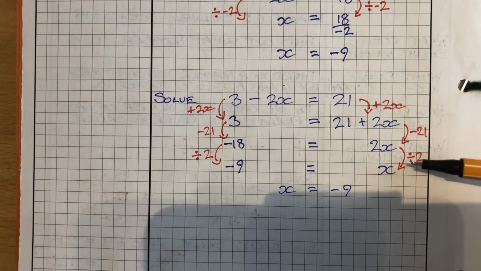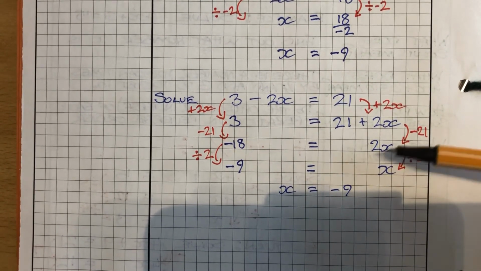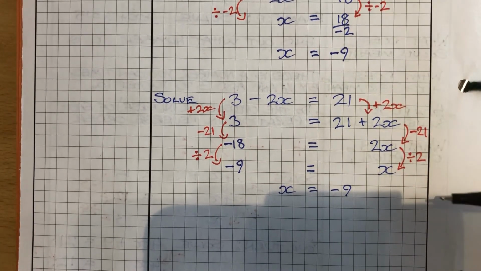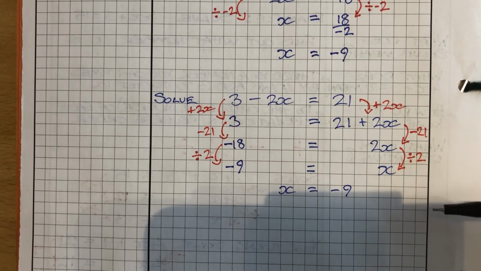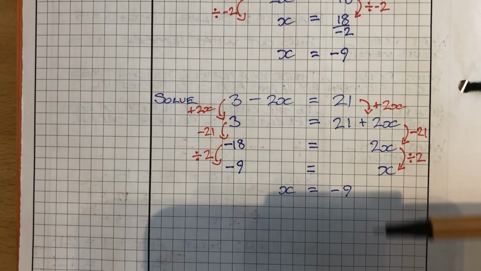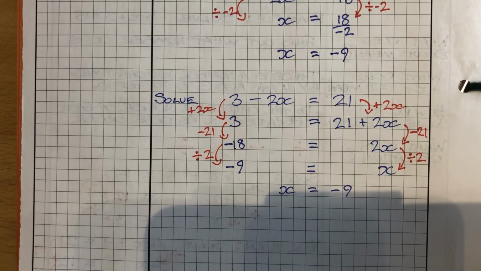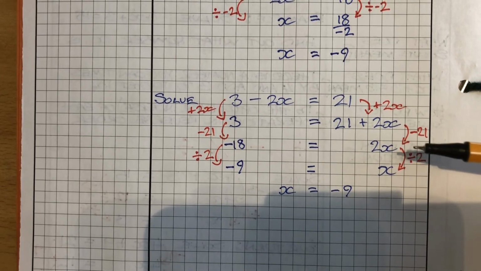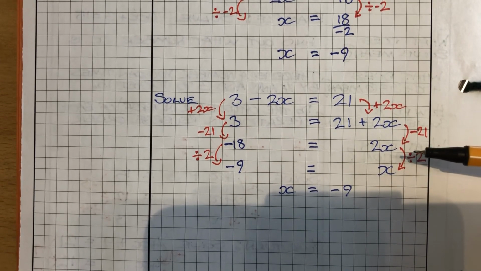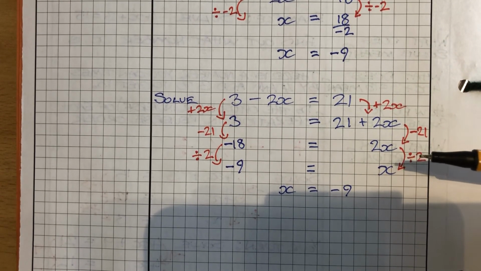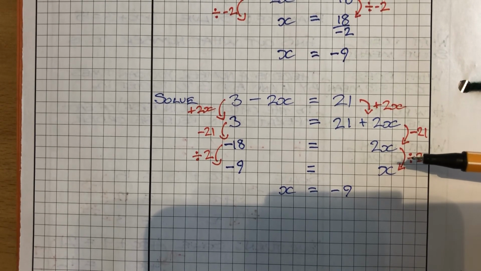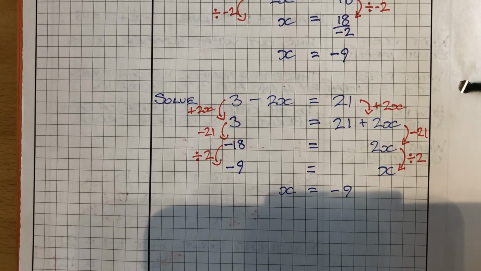Because in doing this, I managed to avoid dividing by a negative number. Here I had to divide by negative 2. Here I only had to divide by positive 2. And when we come on to more complicated questions, I think this is the better approach. It helps us to deal with the negative numbers more simply. Have a go at both, see how you get on.